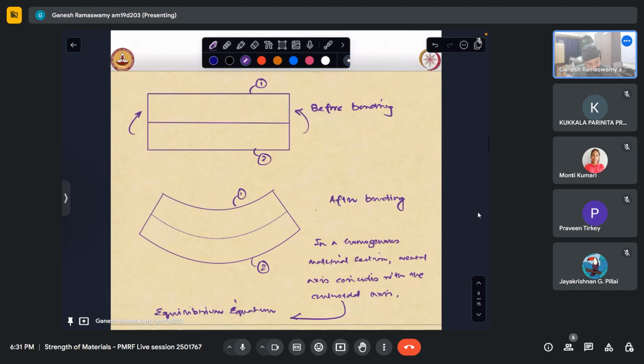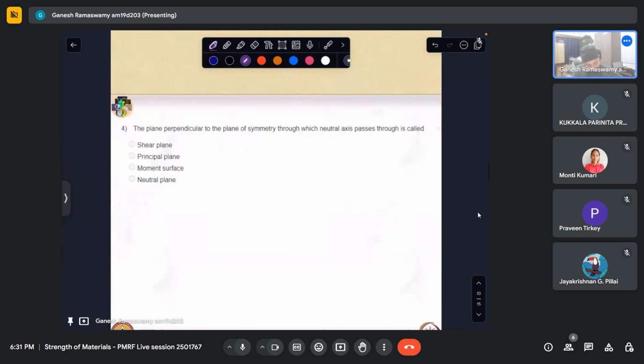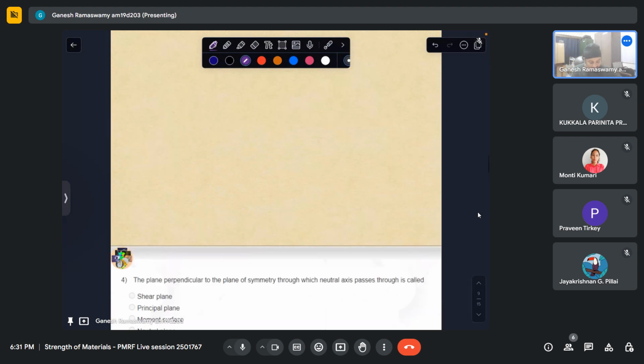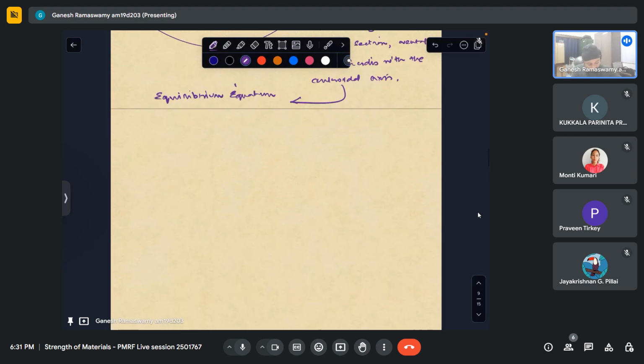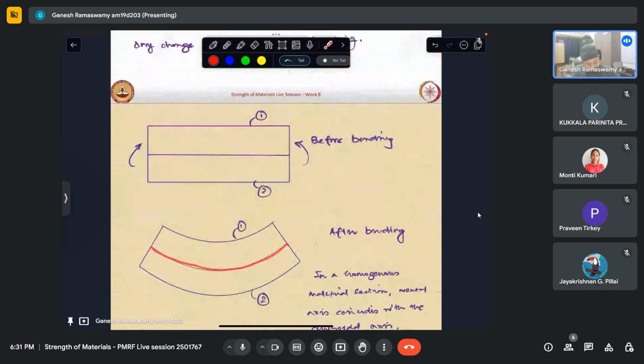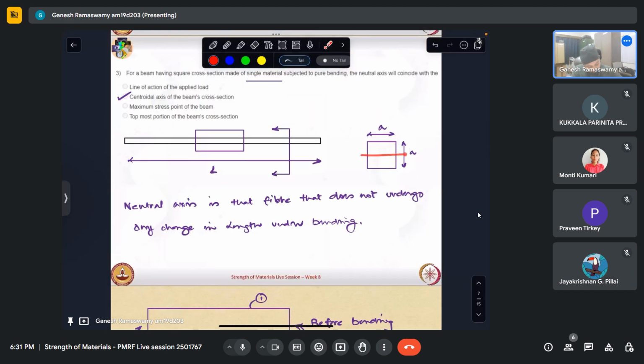All right. So let us look at this question. The plane perpendicular to the plane of symmetry through which the neutral axis passes is called what? So we saw that in the cross section, let me draw it here.